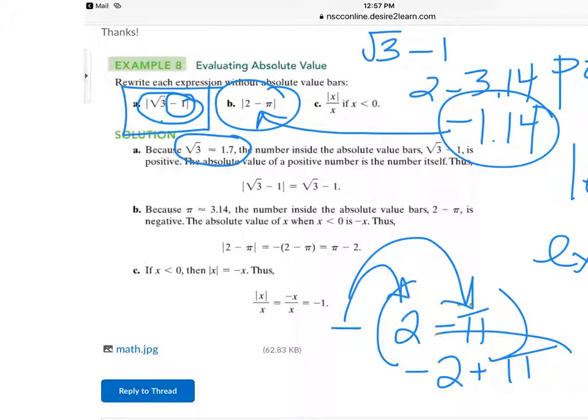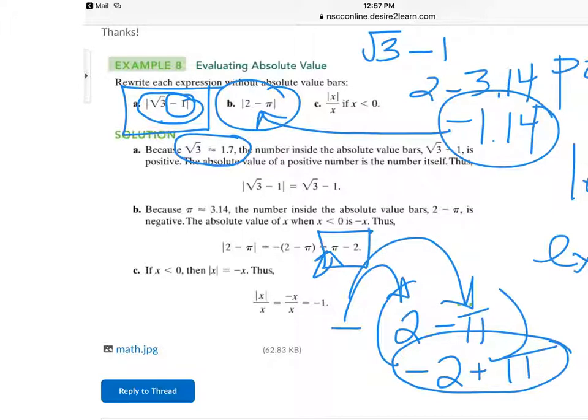Now when you rewrite this, you always want to write the pi first and then the number, just like this right here, because that is the proper mathematical form of rewriting the expression, with the symbol first and then the number.